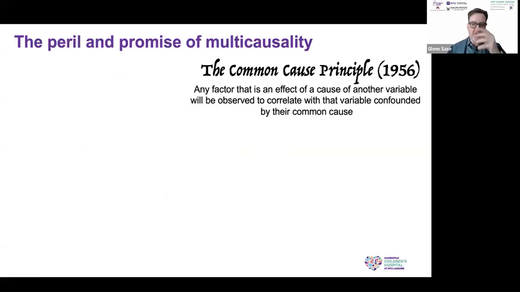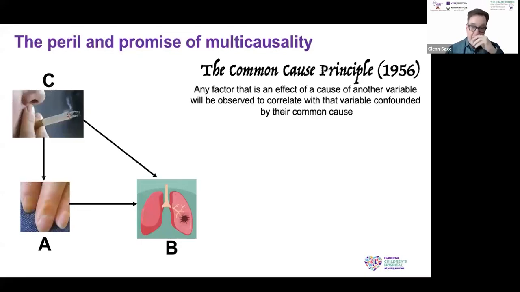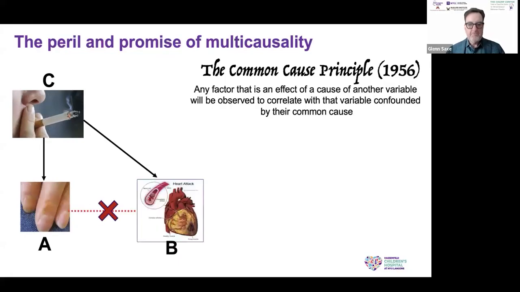Remember the common cause principle. Any factor that's an effect of a cause of another variable will be observed to correlate with that variable, confounded by the common cause. We remember this, so we could substitute heart disease. It's not just lung cancer, but I talked about heart attack. Yellow fingers, because smoking is causal, will have a confounded correlation with it.